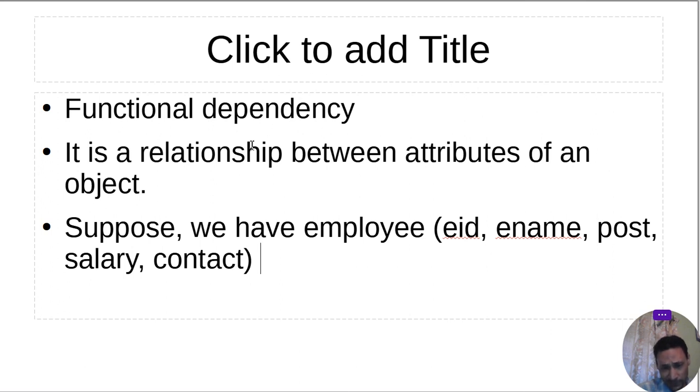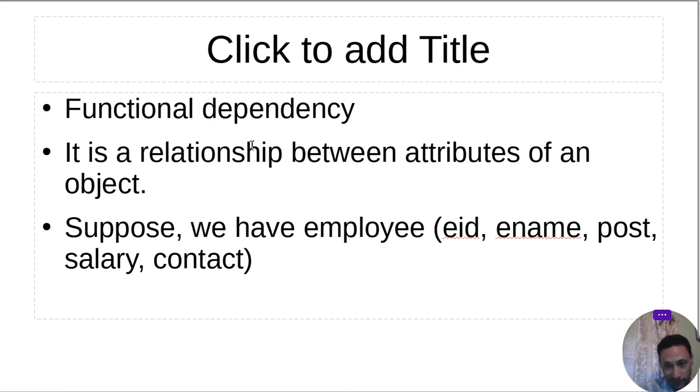So basically functional dependency says some attribute's value can be derived if you know the value of another attribute. Here employee ID can derive employee's name or employee's post or even employee's contact number.